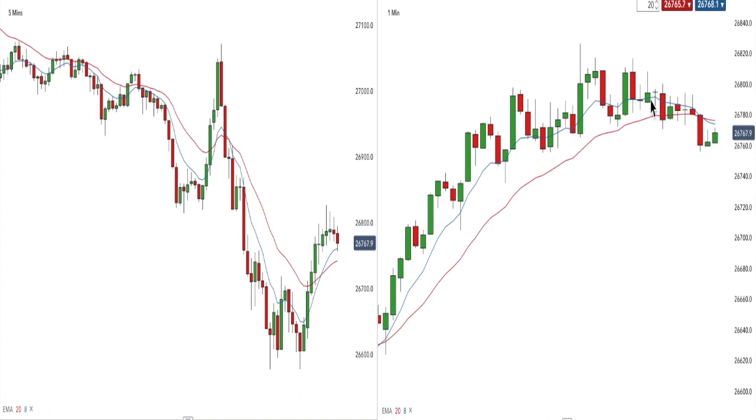There are two types of traders. There are traders going short here because the trend has changed, and on this chart, you've got traders here who are buying because they think that this is a pullback rather than a reversal.